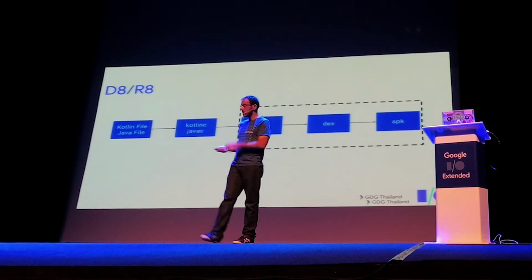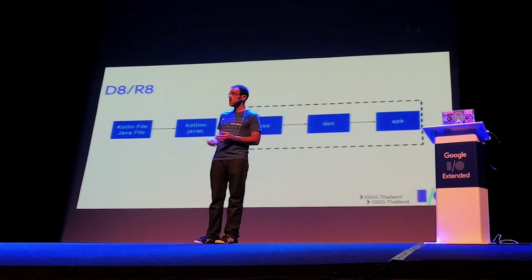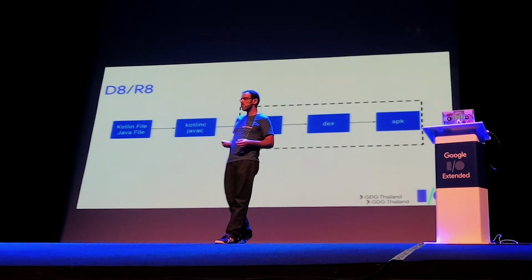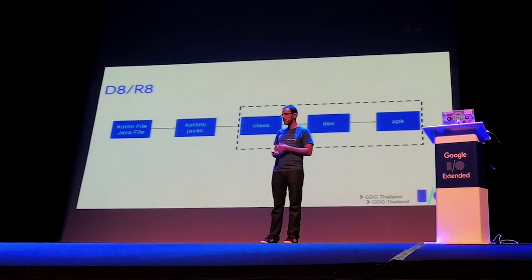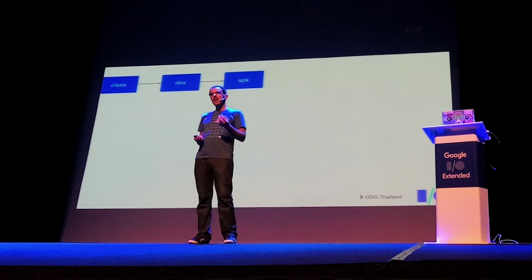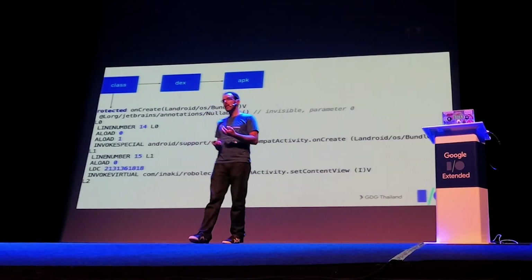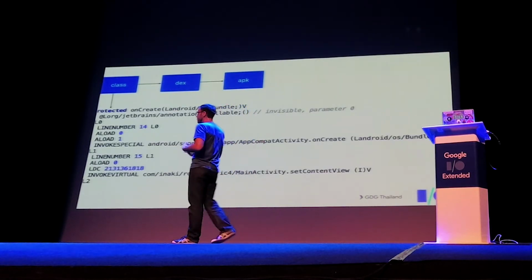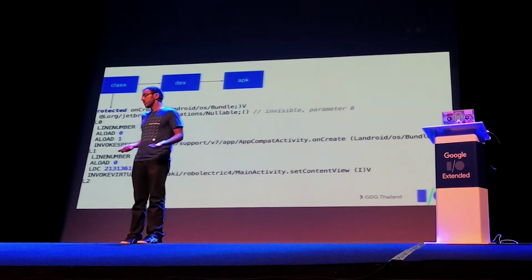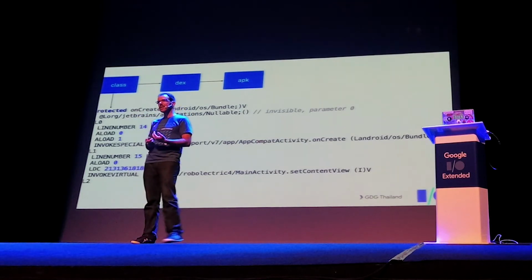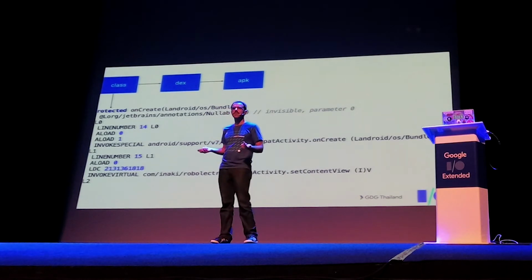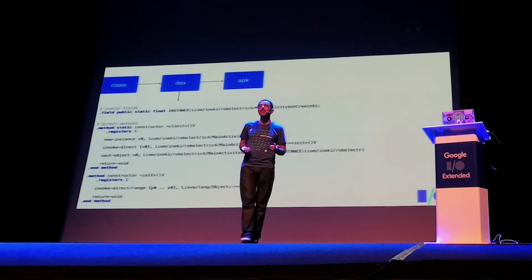Sorry. We are going to center on the part of the classes to DEX to APK, because how the Kotlin compiler or the Java compiler works internally is out of scope. In terms of the class, what the Kotlin compiler or Java compiler generates is bytecode. I think we are more used to checking the bytecode now since we are working with Kotlin. And what's inside the DEX file is Dalvik bytecode.